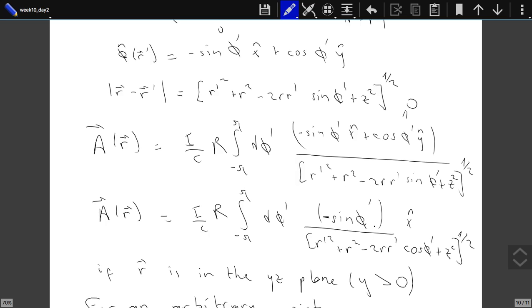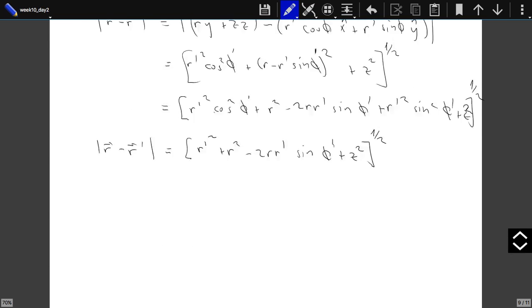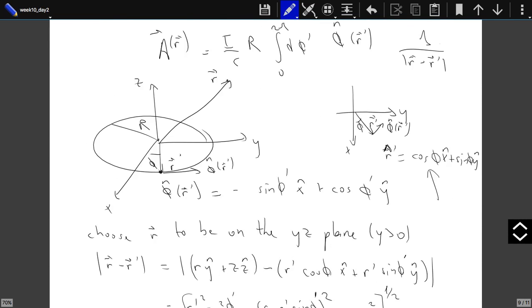It's the first term that survives. Now it's a minus x-hat direction. Let's look at our problem. Minus x-hat direction is nothing but the phi hat direction.